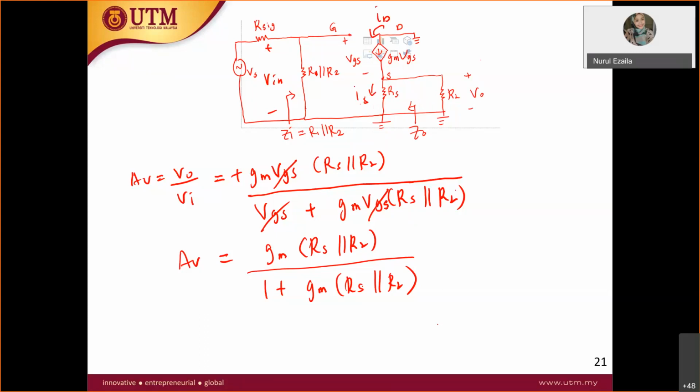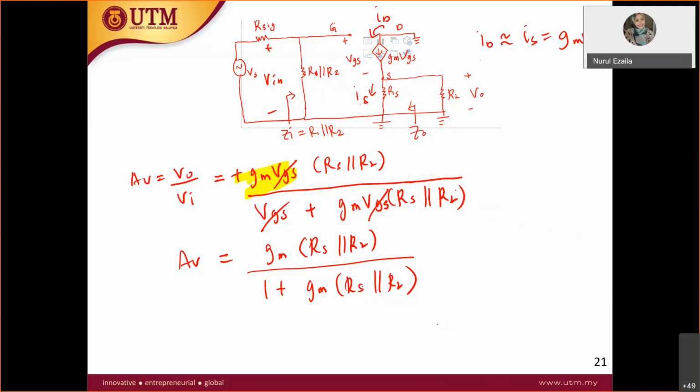We know that approximately ID is approximately equal to IS. That's why we take GM VGS here. It is the same thing, equal to GM VGS, because the current is approximately equal to ID, approximately equal to IS. Same goes to the common collector: IC is approximately equal to IE. That's why we take GM V pi only. All right, Vincent.